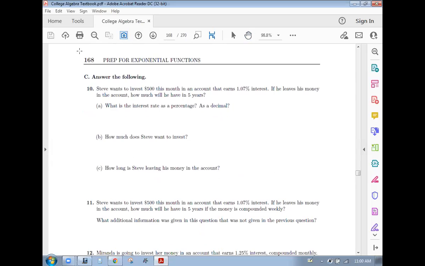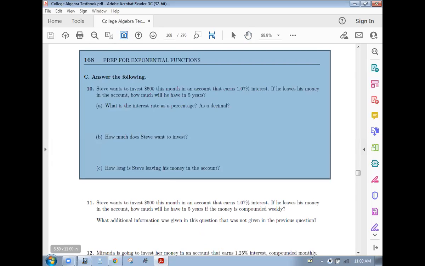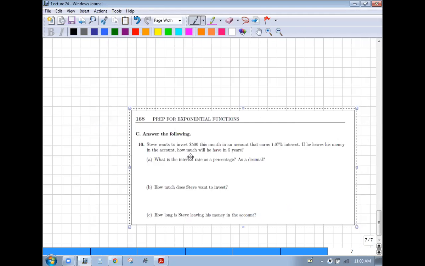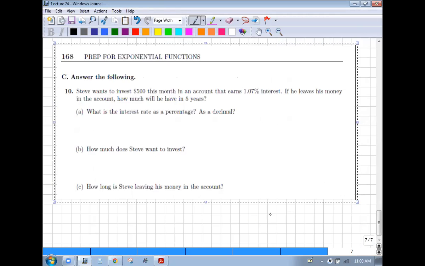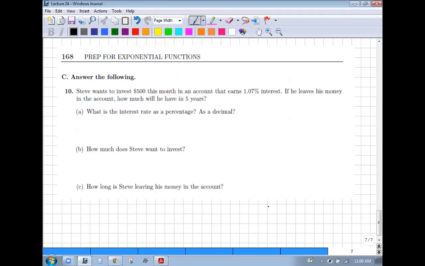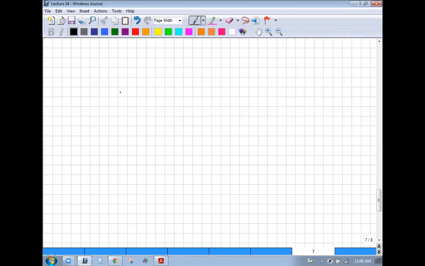All right, page 168. Answer the following. Steve wants to invest $500 this month in an account that earns 1.07% interest. If he leaves his money in the account, how much will he have in 5 years? So we need some vocabulary here.